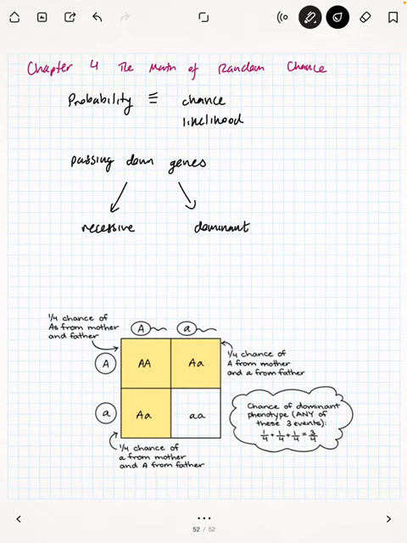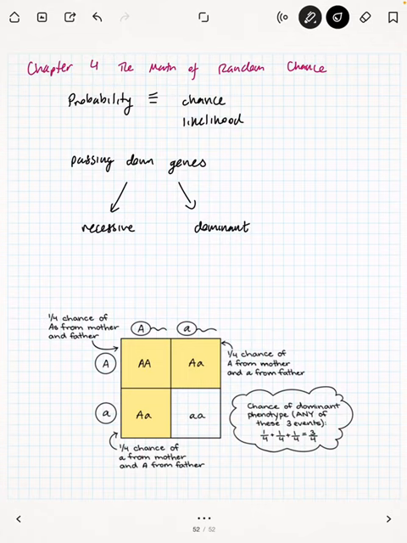For instance, a recessive gene would be red hair, green eyes. A dominant gene would be like brown hair or black eyes. And you don't know for sure which one's going to happen, but you have a rough chance or a rough idea of which one is more likely to happen than the other.